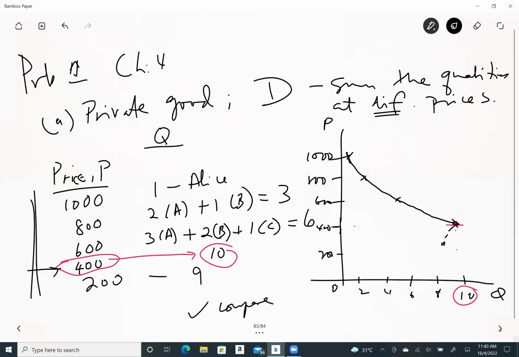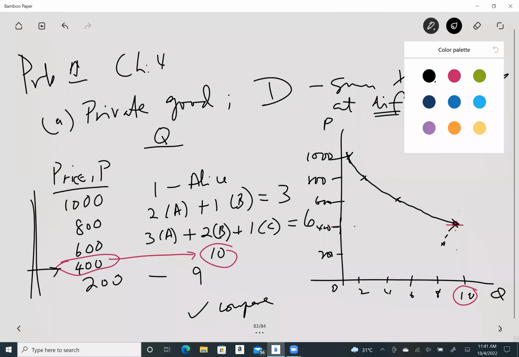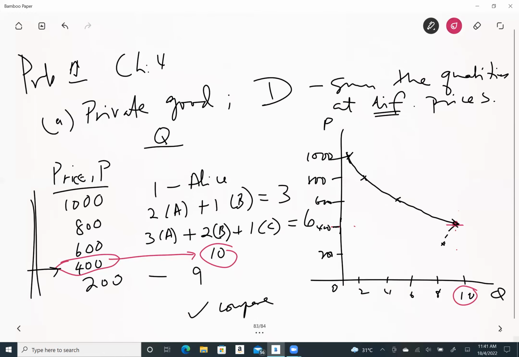If the marginal cost is 2,000, you extend the graph further up. This is 1,000, so 2,000 is somewhere here, and that is the marginal cost.